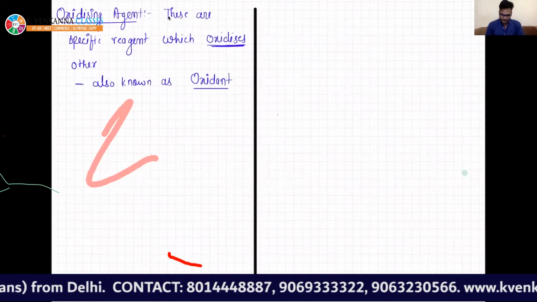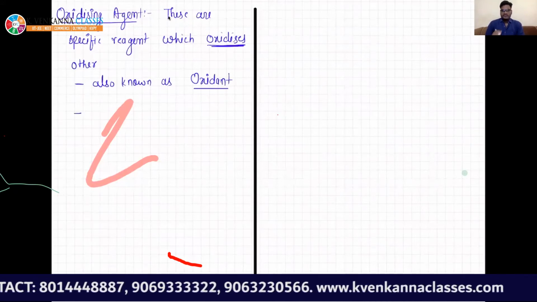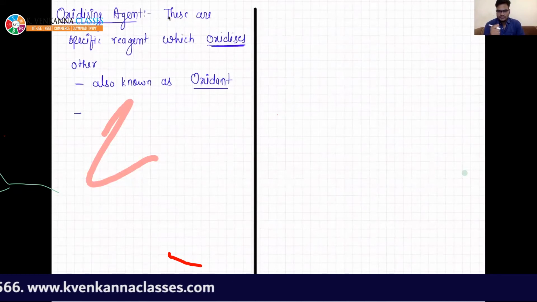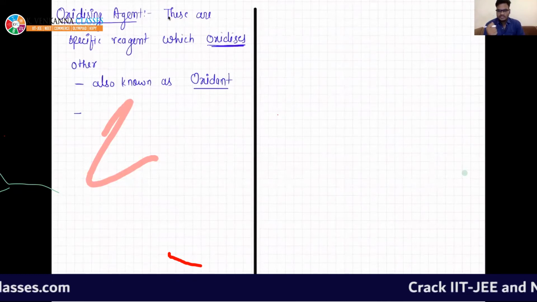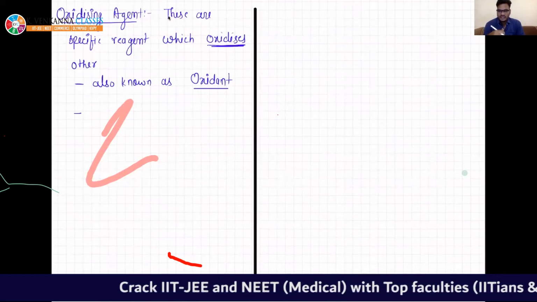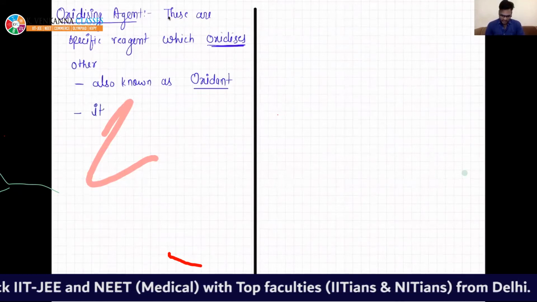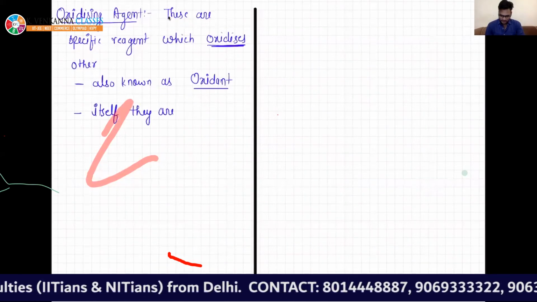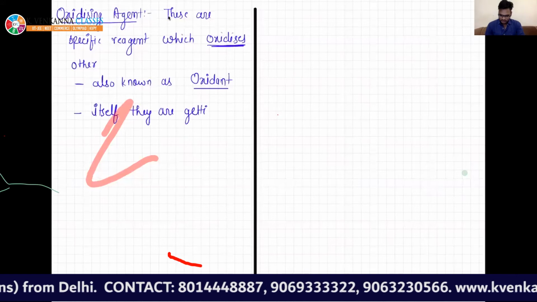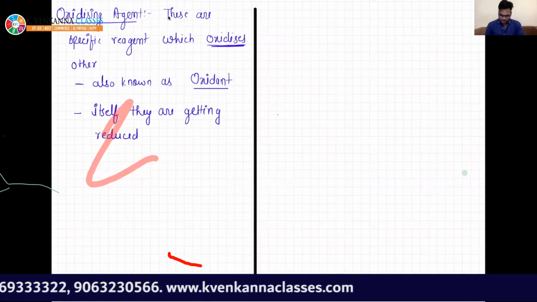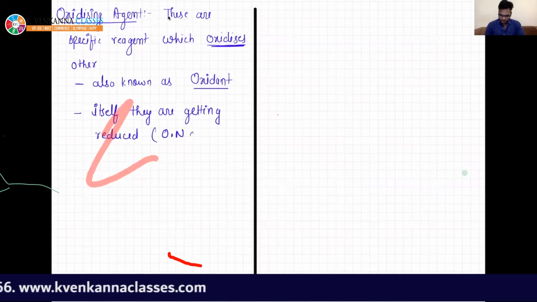If they are oxidizing others, then their own reduction takes place. They are themselves getting reduced. That is, the oxidation number of the oxidizing agent is decreasing.